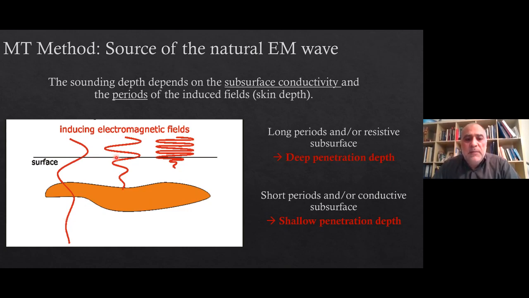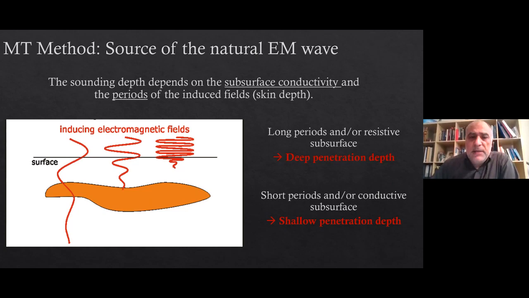For a little bit shorter period, the decay is shallower, and if it is a high frequency, of course, the decay is much shallower. So in a few words, long period and or resistive subsurface cause a very deep penetration depth of the waves, and we can get information from very deep structure, whereas with short periods and conductive subsurface the penetration depth is very shallow.